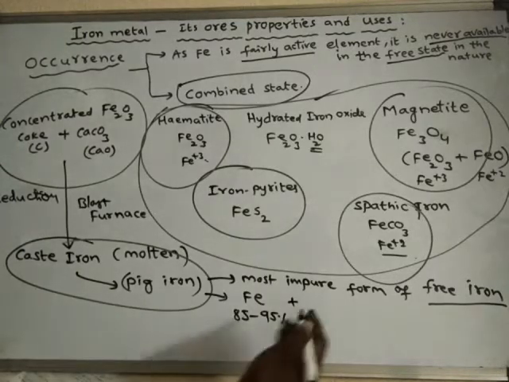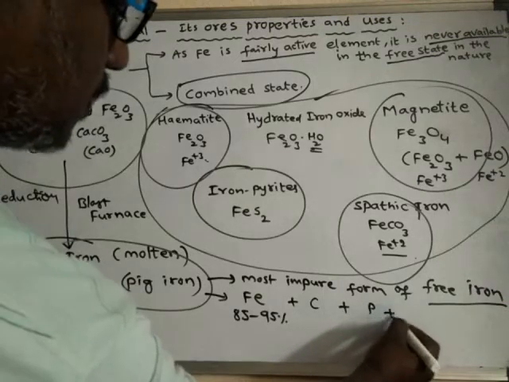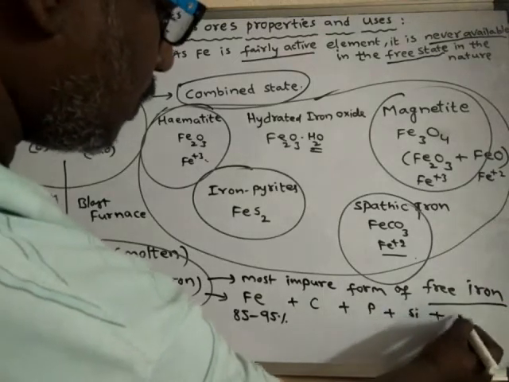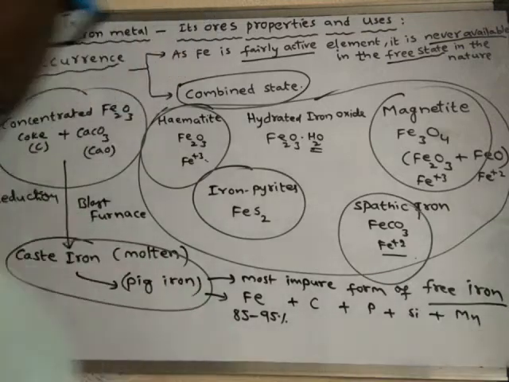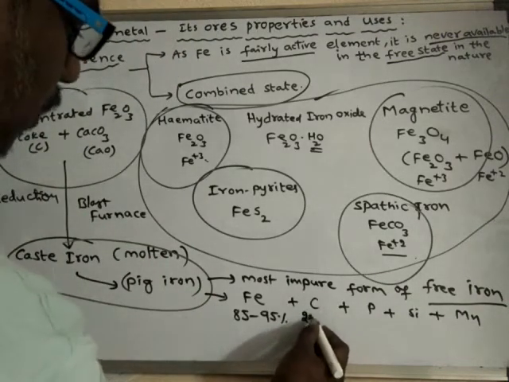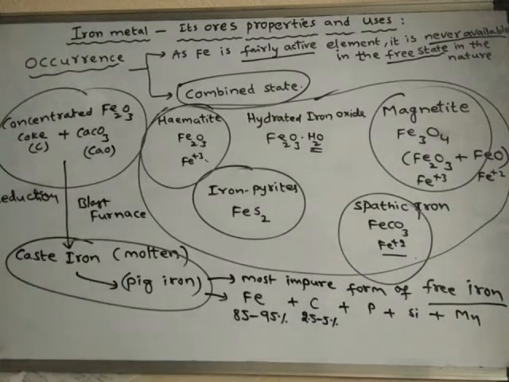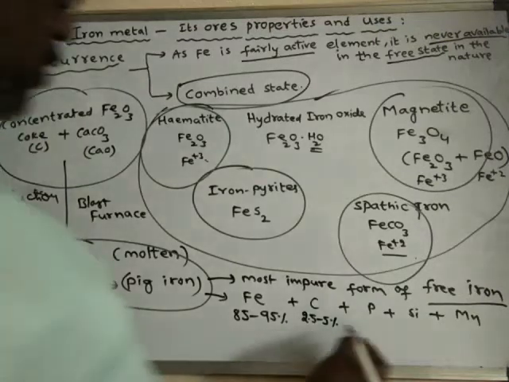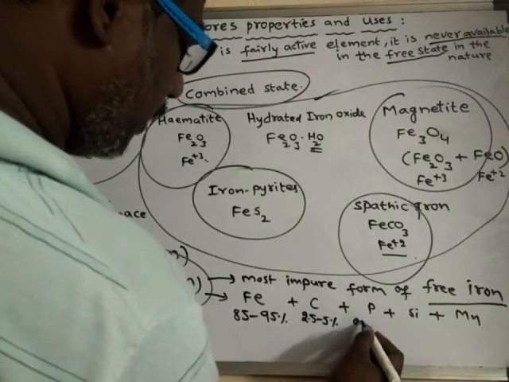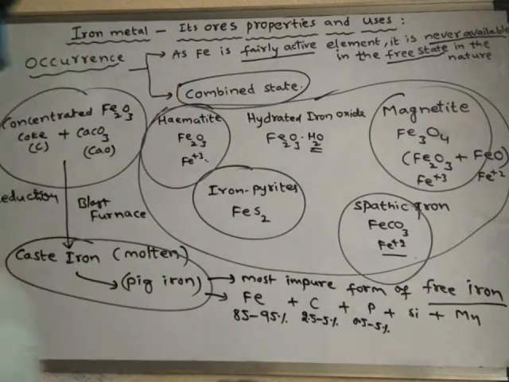contains impurities like carbon, phosphorus, silicon, manganese. The carbon impurity is present from 2.5 to 5%. The silicon impurity is present around 0.5 to 5%.